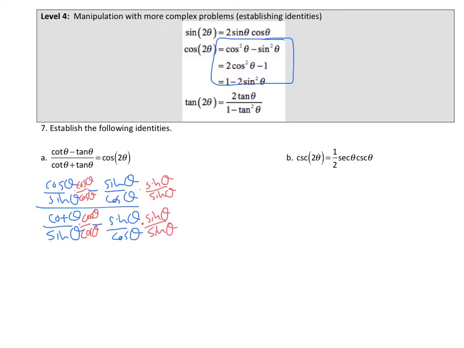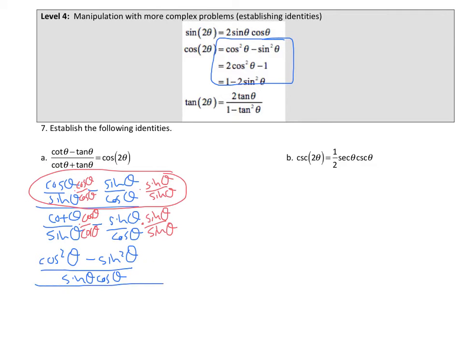And we will get cosine squared theta minus sine squared theta over sine theta cosine theta. I combine those into one fraction on the top right here. And then on the bottom, we multiply cotangent, or sorry, no, that's cosine.